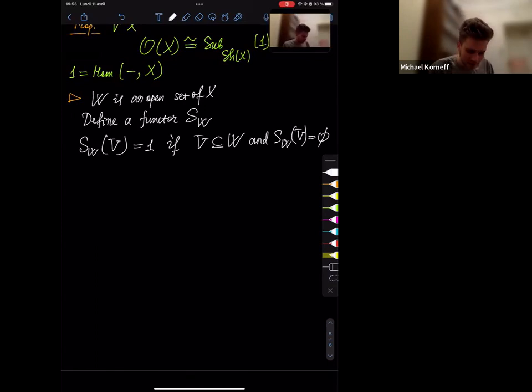This functor is a sheaf, so it defines a subsheaf of the terminal sheaf.